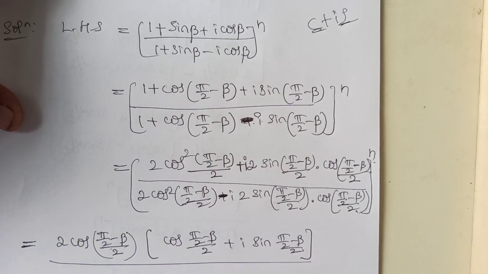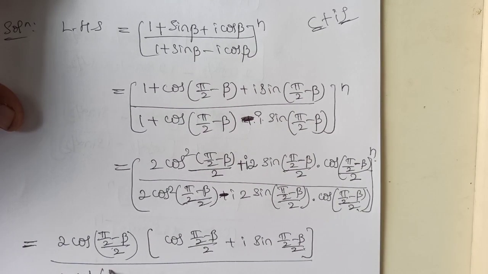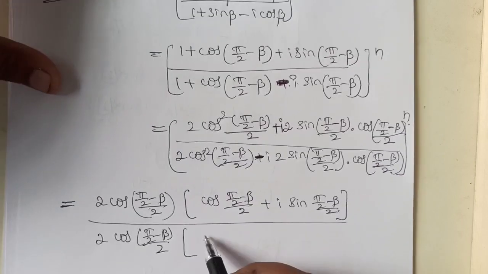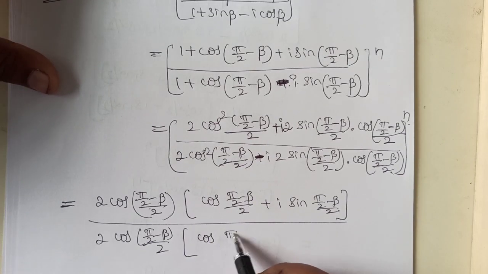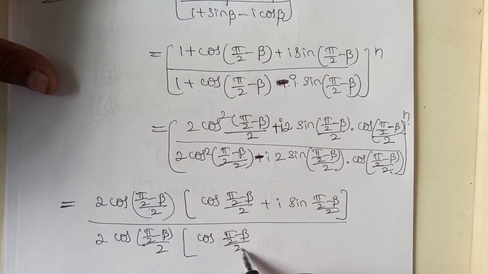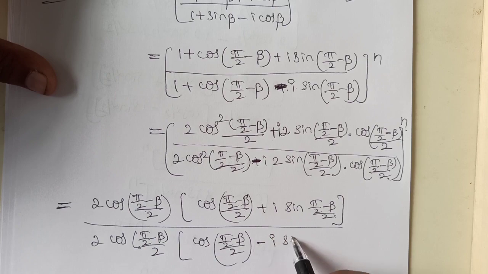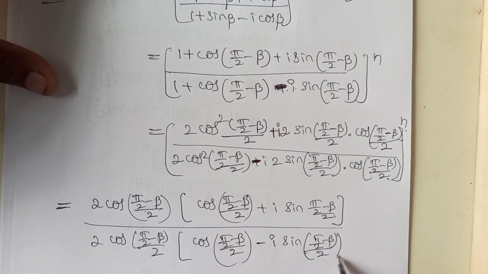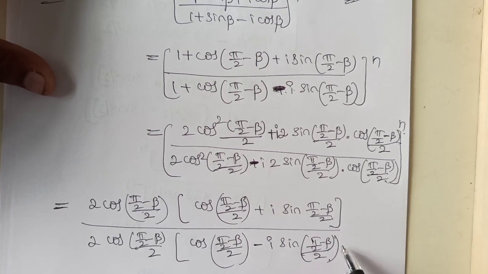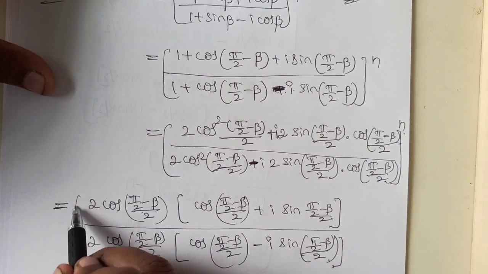The denominator also gets 2 cos (pi by 2 minus beta) divided by 2, and in the bracket we get cos (pi by 2 minus beta) divided by 2 minus i sin (pi by 2 minus beta) divided by 2. Here we have the whole power n.